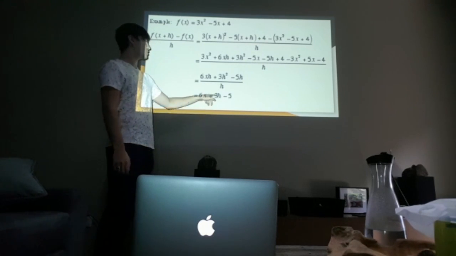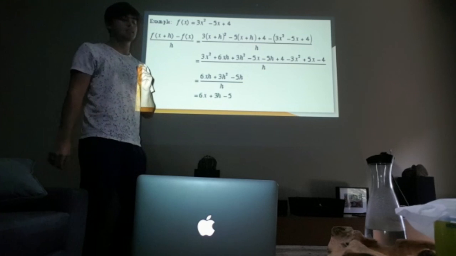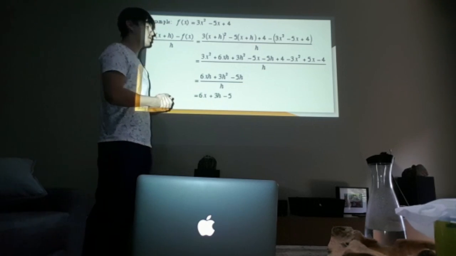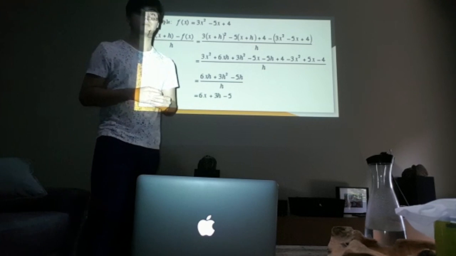It will be 6x minus 5, and that will be the derivative of the function, the rate of change of the function that we're looking for.